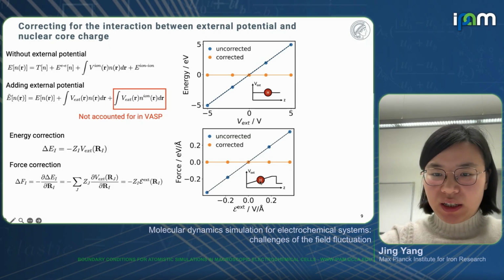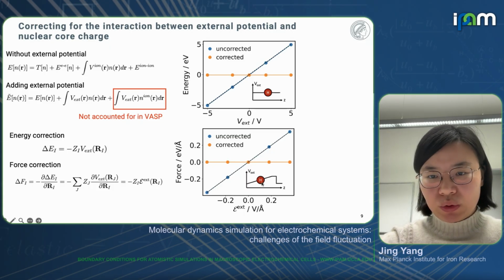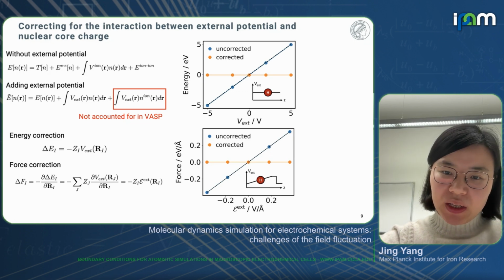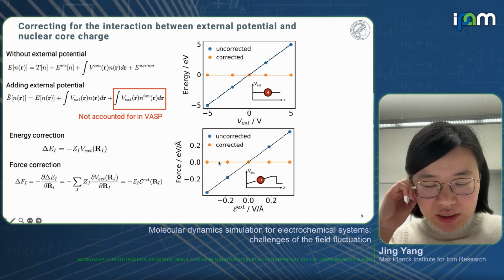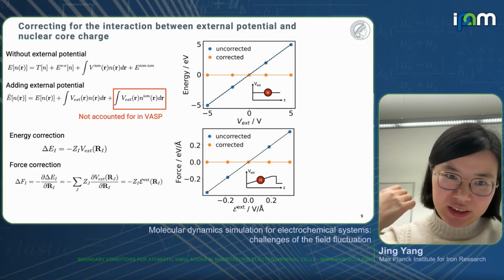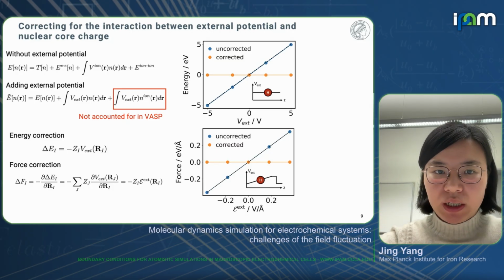And this is also true for the force. If you put this hydrogen atom into a constant field, in principle, because the hydrogen atom is neutral, the force should be close to zero. But again, we see a very strong dependence. And it took us quite some time to figure out what is accounted for and not accounted for in VASP.